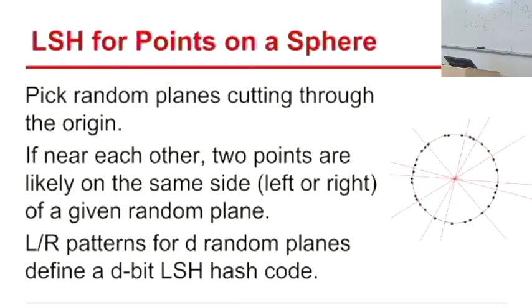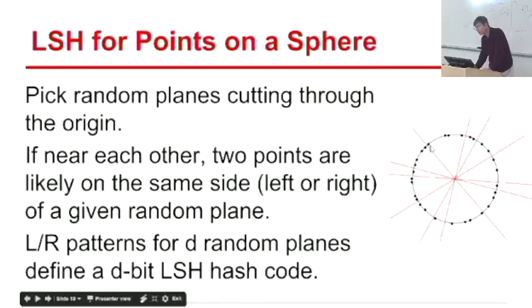So n is going to be equal to 2 to the k for some value of k. Suppose I have my n points and I just compute a k-bit hash value for each and store it in a hash table. Yes, similar points should get to the same bucket, but it's quite possible for them to miss. Does everybody see that in this case, this point and this point were very close, but they would have ended up in a different hash bucket?